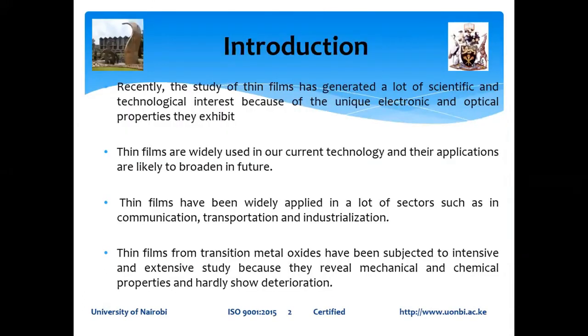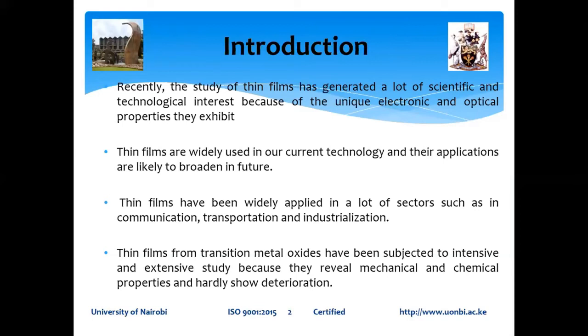So in our introduction, the study of thin films, both theoretical and experimental, has led to a lot of scientific and technological interest. This is because of the unique optical and electronic properties these films possess.